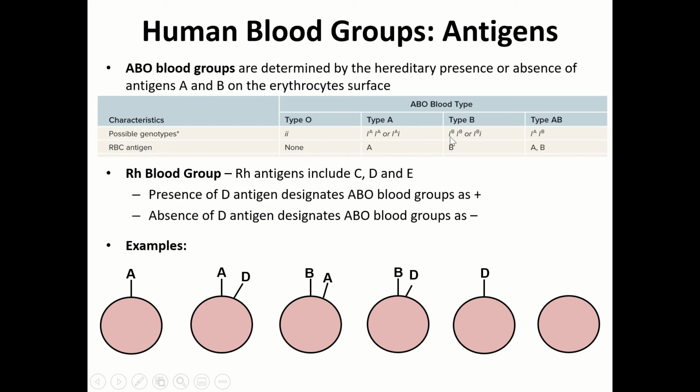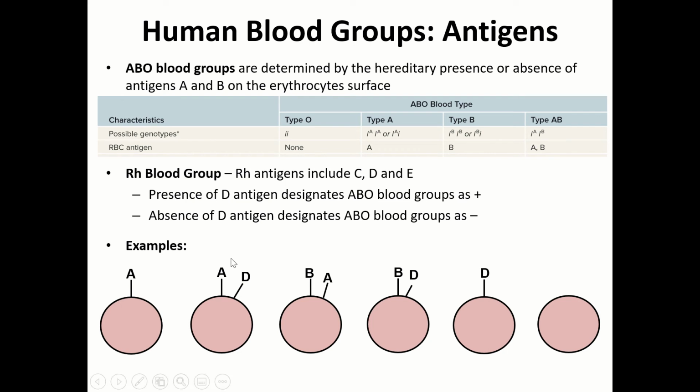It's because either both alleles they receive could have B antigen genotypes, or they could be a combination of the B antigen and then, of course, the genotype or allele that designates for nothing. Now, finally, you can have a combination of the two. So an individual that receives an allele for A antigen and an allele for B antigen ends up with both antigens present on the surface of their cell.